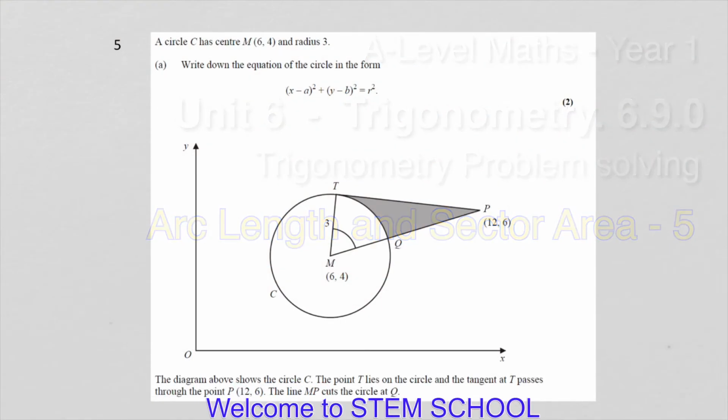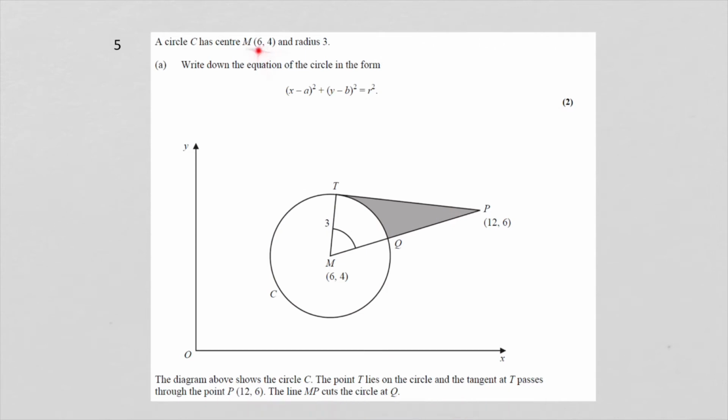A circle C has center M of coordinates 6 and 4, that will be x and y, and radius 3. Write the equation of the circle in the form of (x minus a) squared plus (y minus b) squared equals r squared.